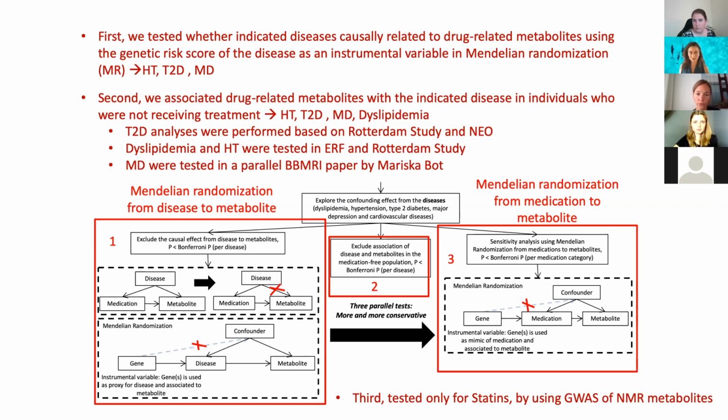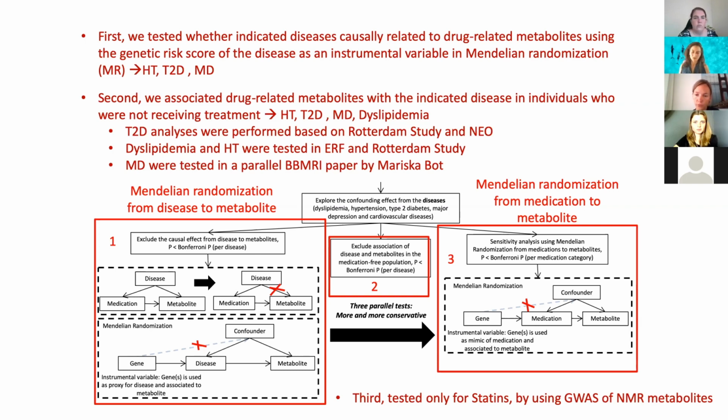And second, we associated these drug-related metabolites with the disease in individuals who were not receiving a treatment, and that was the second phase. And finally, we performed Mendelian randomization from medication to metabolites, and that was only possible for statins.